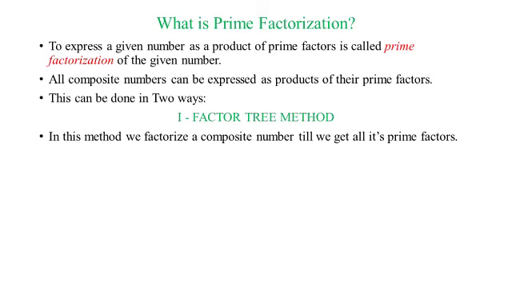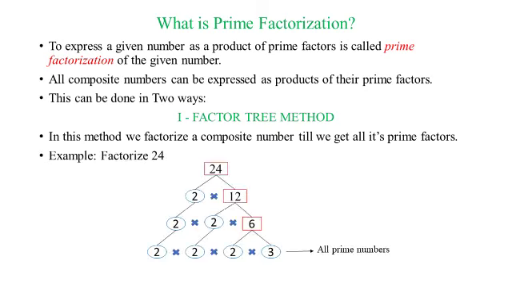In this method, we factorize a composite number till we get all its prime factors. For example, let's factorize 24 and find its prime factorization using factor tree method. Now I split down 24 using 2 times 12.